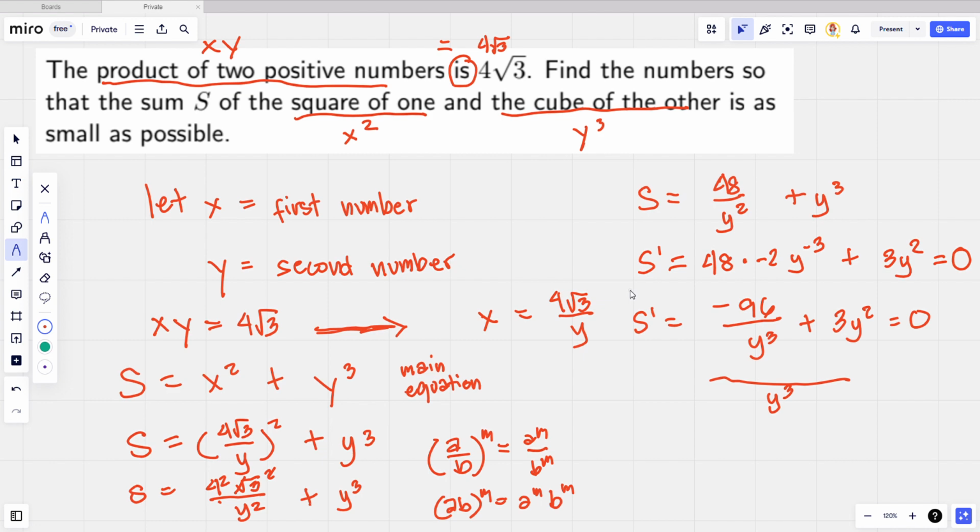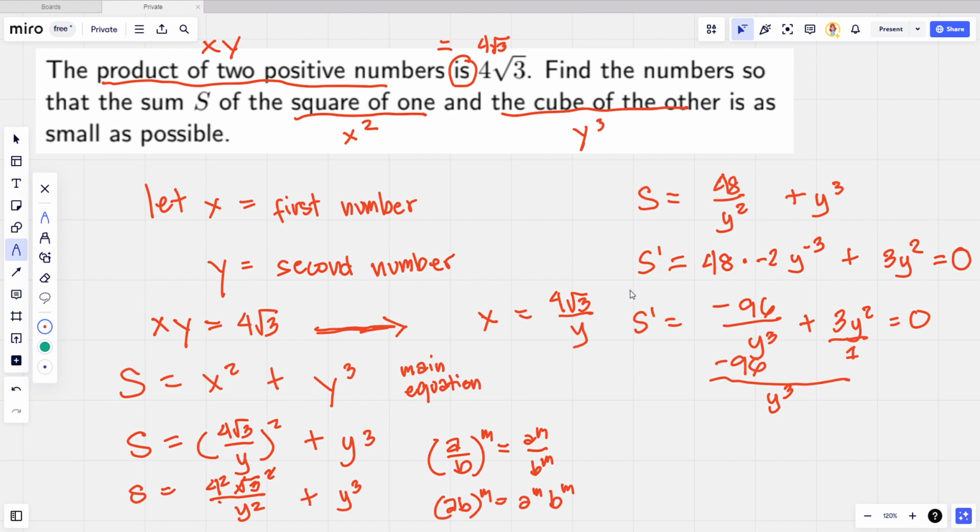Y cubed over y cubed is 1, times negative 96, so we get negative 96. Y cubed divided by 1 right here: any expression that is not in fraction form, you can just put 1 in the denominator.